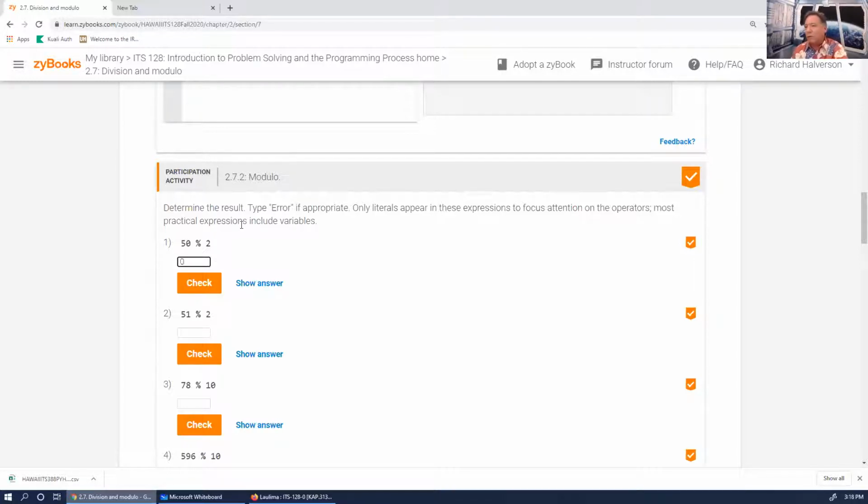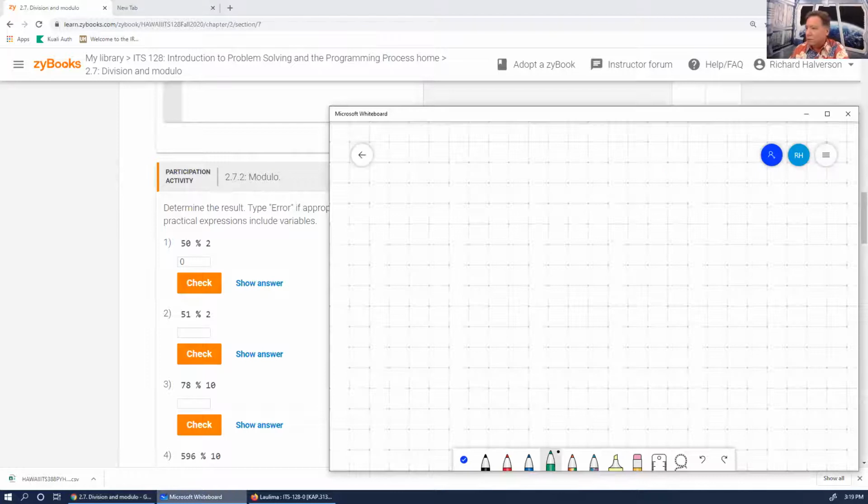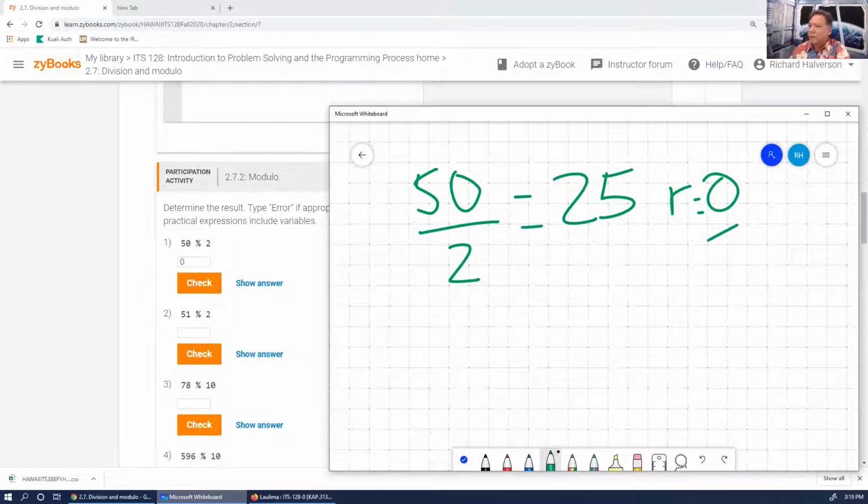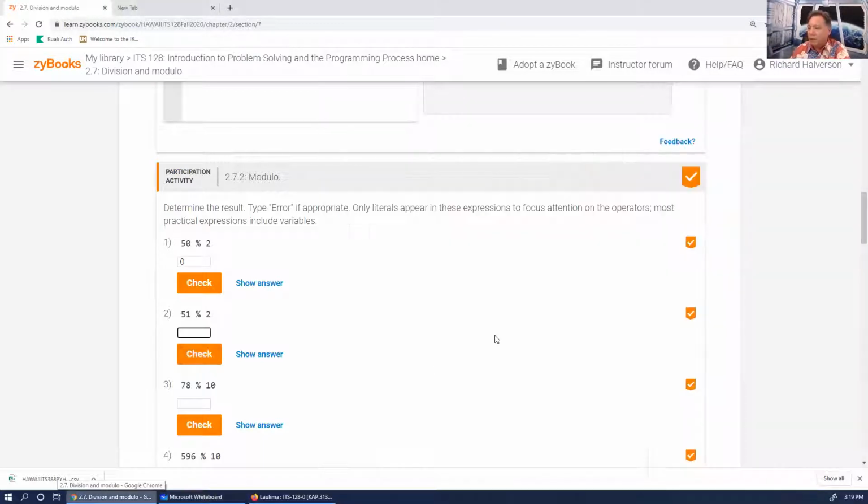So 50 divided by 2 equals 25, and the remainder is 0. So that's the mod.